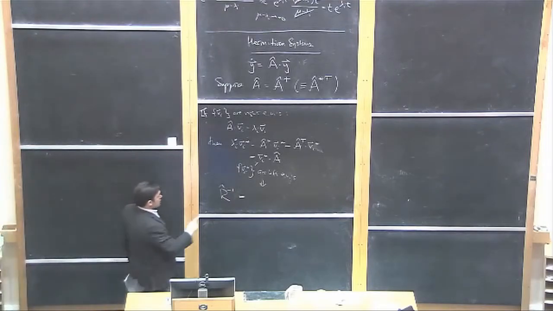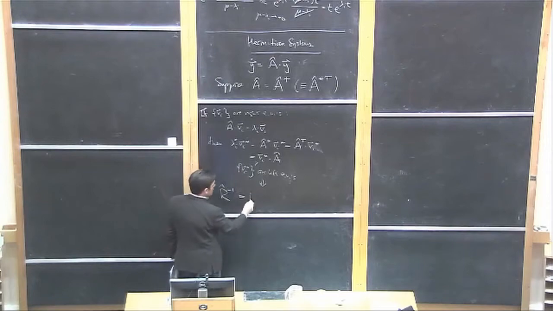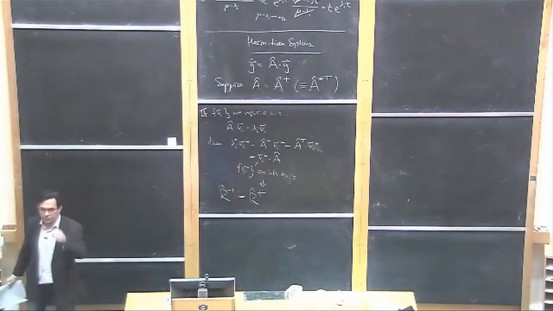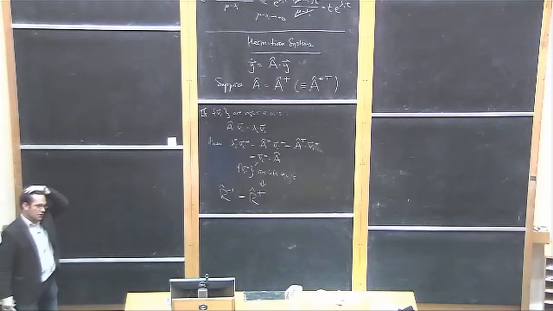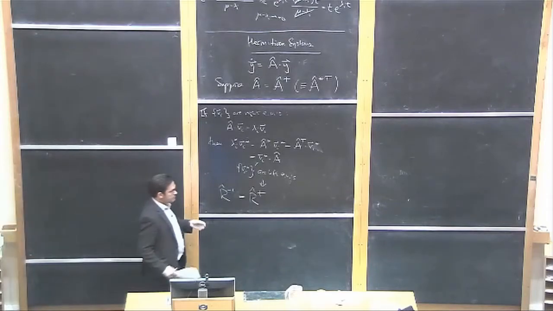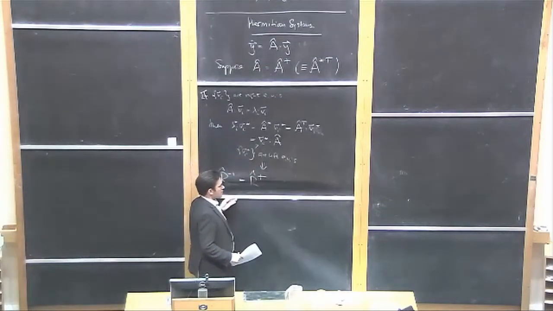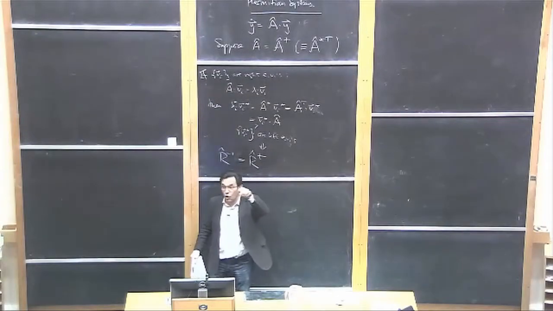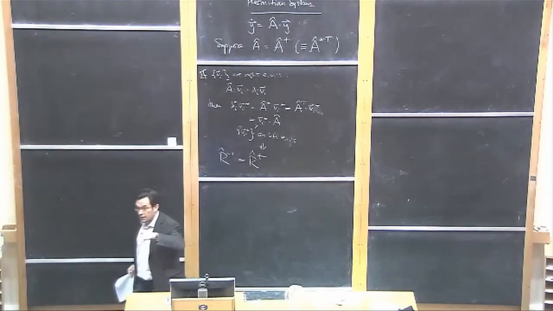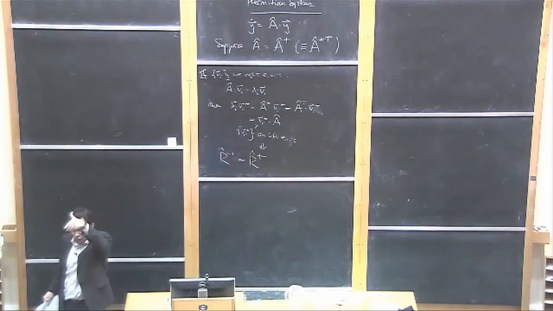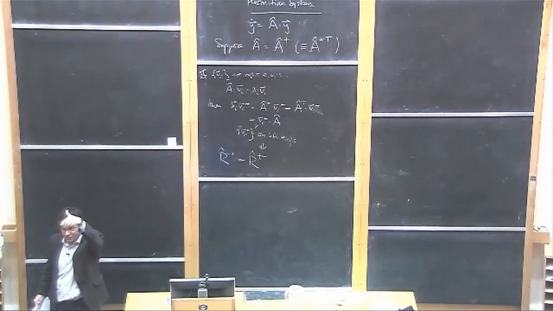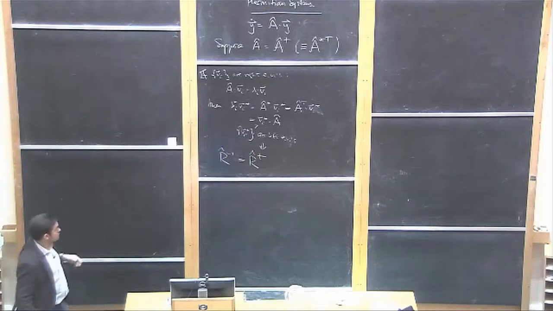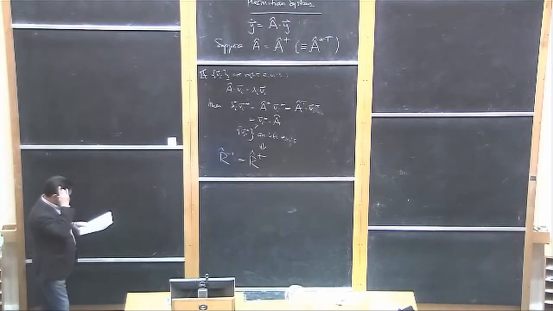Knowing this means that R minus 1 is R dagger. Because in order to get R minus 1, all I have to do is take the columns of R, take the star of them, and turn them into rows, which is the same as transposing the matrix. So R minus 1 is R dagger.